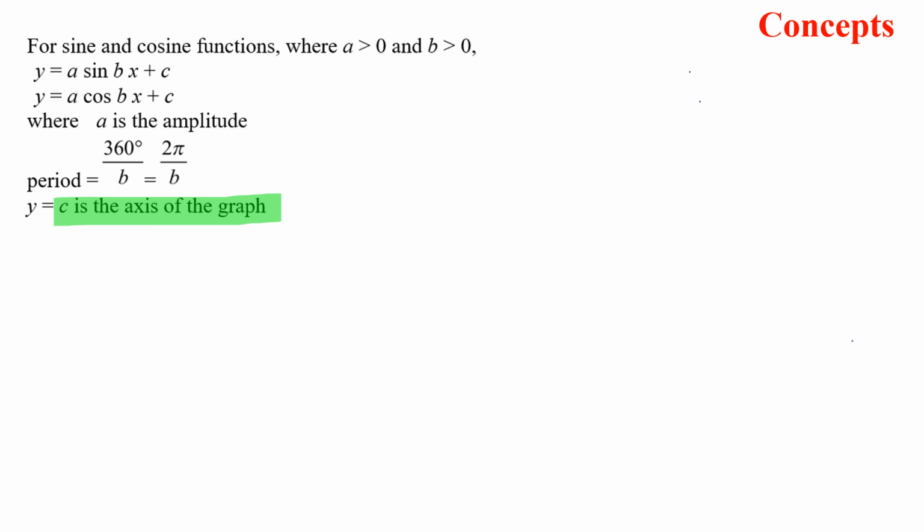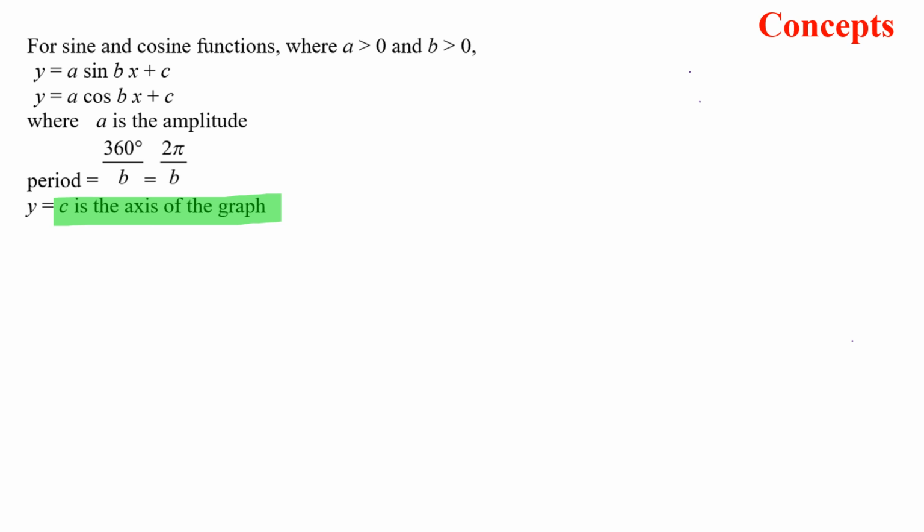For applications of trigonometric functions, the angles that we'll be playing with will be in the radian mode. So therefore, we'll be using 2 pi over b most of the time. And c represents the axis of the graph. Now here I need to remind you that this c here is not the same as the straight line graph y equals mx plus c.